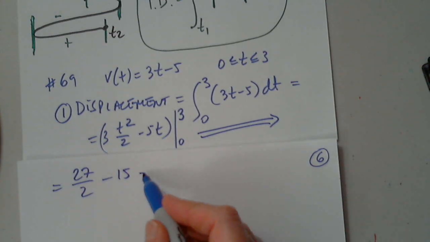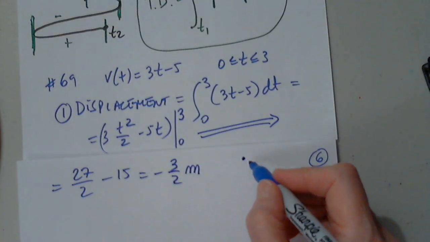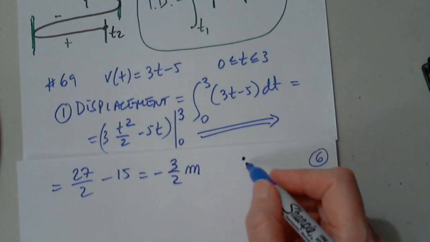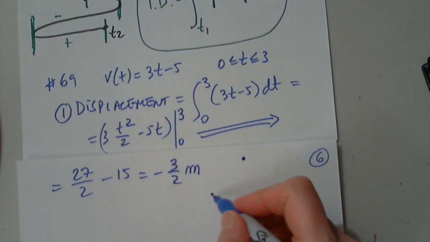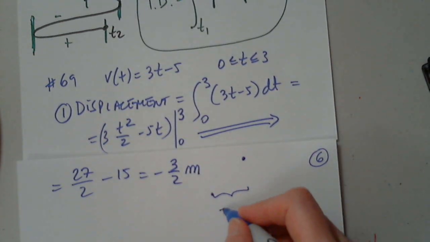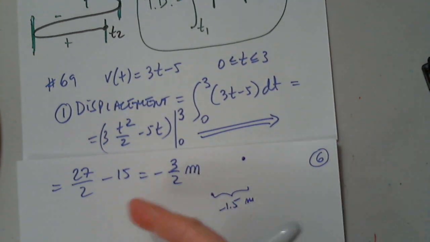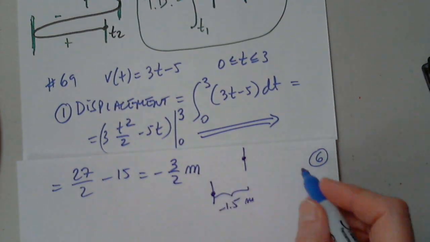So that's 30, so it's negative 3/2. And that is in meters, which means that the particle started here, and whatever it did, it ended here, a distance of, I shouldn't put minus, but I have to, 1.5 meters to the left of the initial point. That's all it means. So its position was here and it ended here after doing whatever.